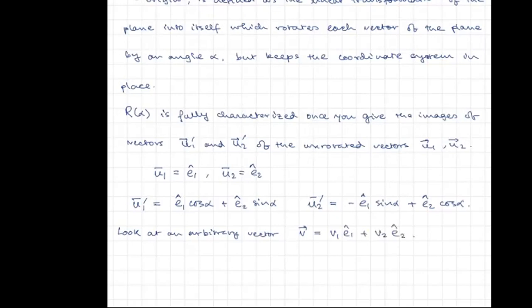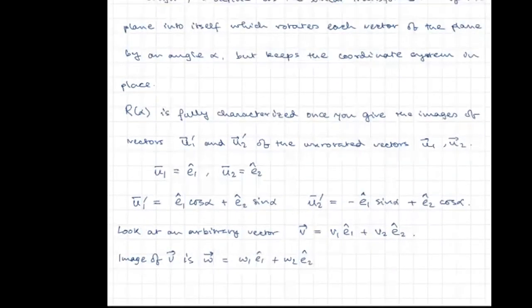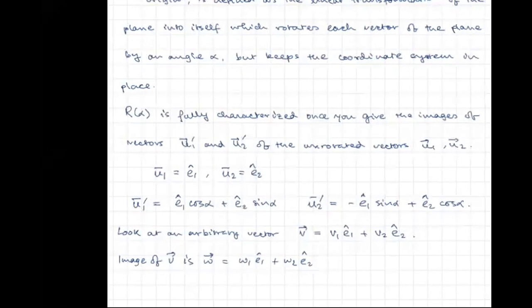You now need to figure out what the image of v is. The image of v is w, so w is given by w1 e1 cap plus w2 e2 cap. Now you want to express this in terms of u1 primed and u2 primed.